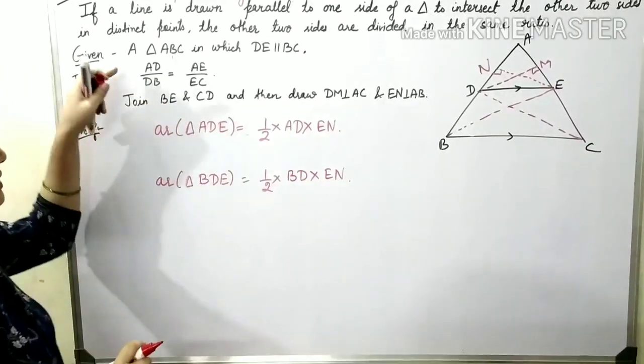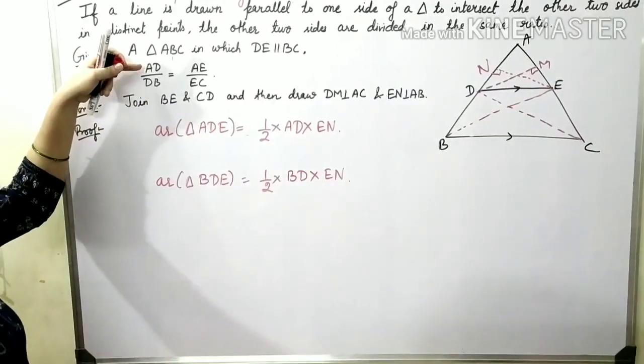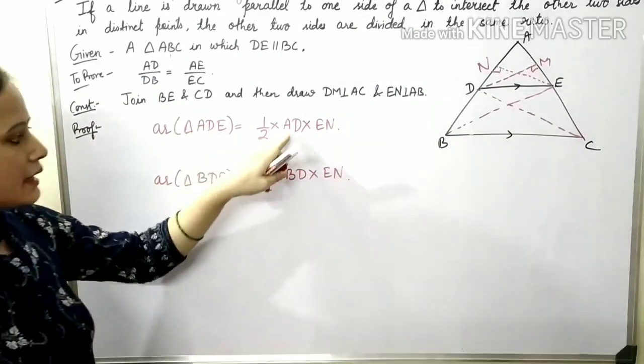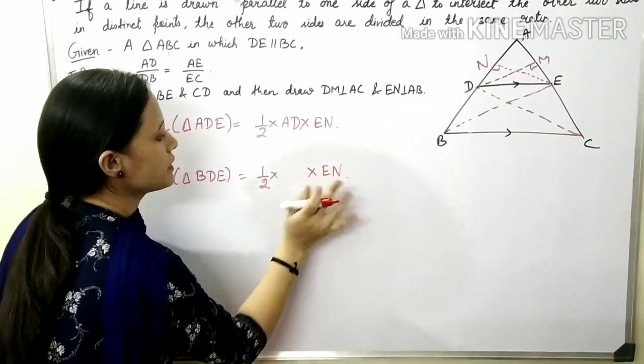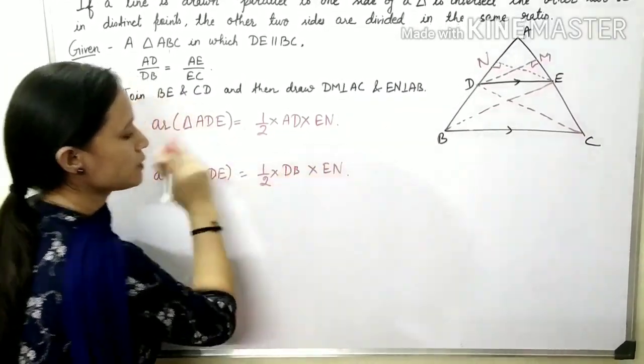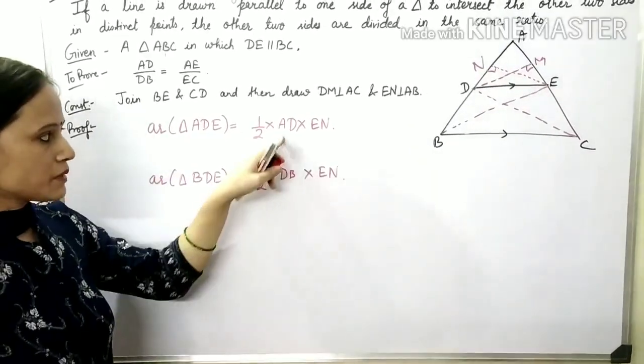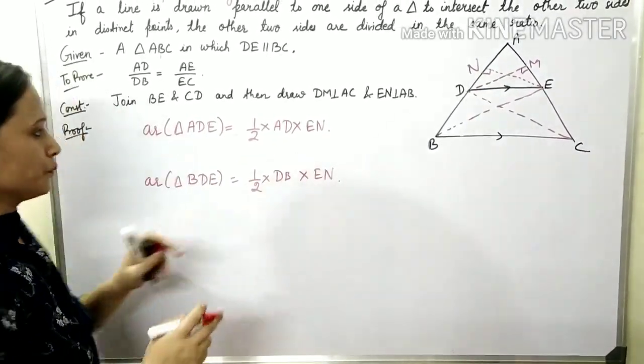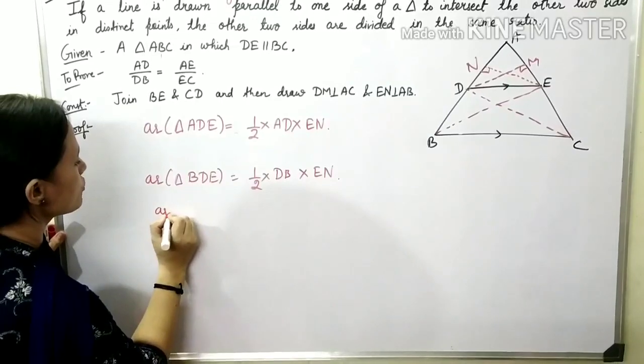Now we can see here that we need AD upon DB on the left hand side. Let us write this as DB so that we are getting the same terms. So AD upon DB means we'll have to find a ratio, so we'll take the ratio of these two areas.